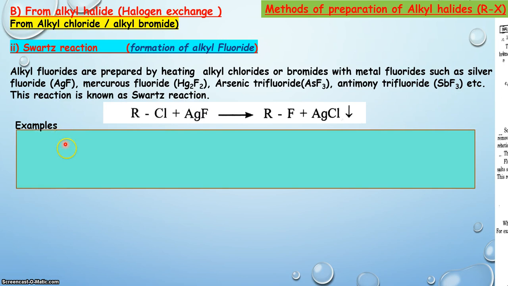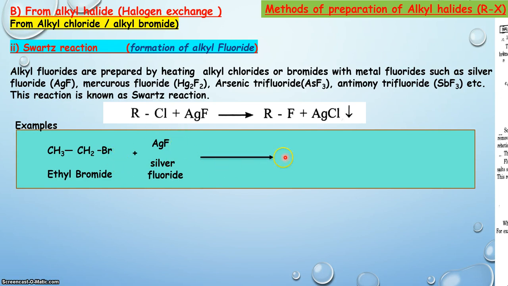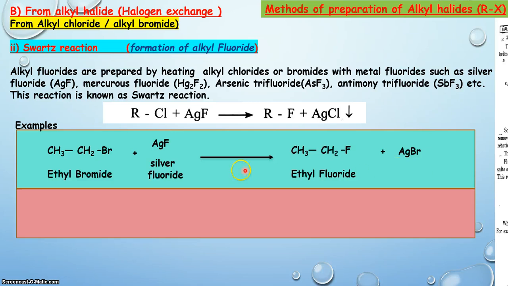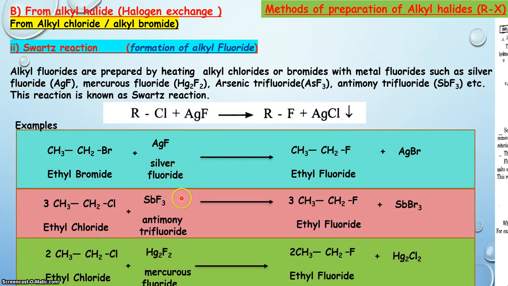Let us take an example. Ethyl bromide on heating with silver fluoride: the bromine of ethyl bromide will be replaced by fluorine and we will get the product, ethyl fluoride, and the byproduct is AgBr. Instead of silver fluoride, we can also use antimony trifluoride or mercurous fluoride. Depending upon the metal fluoride we are using, the number of moles of reactant will be different. Here 3 molecules of ethyl chloride on reaction with antimony fluoride result in the formation of ethyl fluoride.